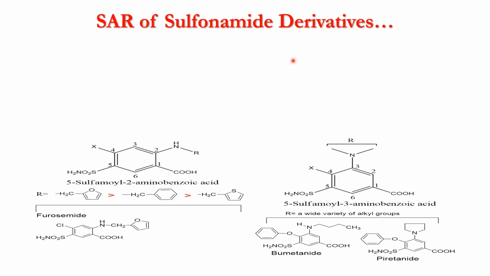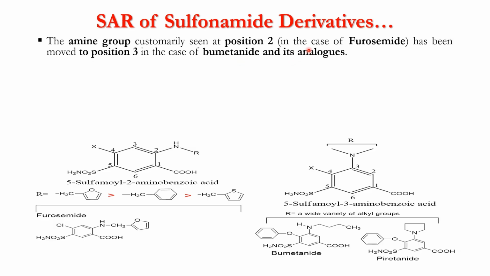To continue the SAR of sulfonamide, the amino group that is customarily found at position 2 in the furosemide series has been moved from position 2 to position 3 in the case of bumetanide and its analog series. You see, this is position 3, this is position 2.